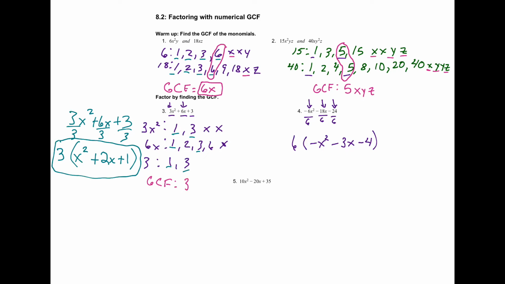So I can take out and make this a negative 6, and then that'll change everything to positive, since it's all negative. Because negative 1 divided by a negative 1 is positive 1. A negative 3 divided by a negative 1 is a positive 3, and a negative 4 divided by a negative 1 is positive 4. So here's my answer for this one.